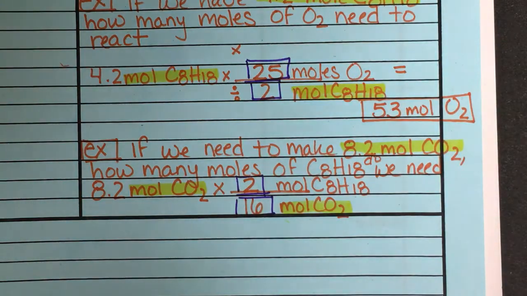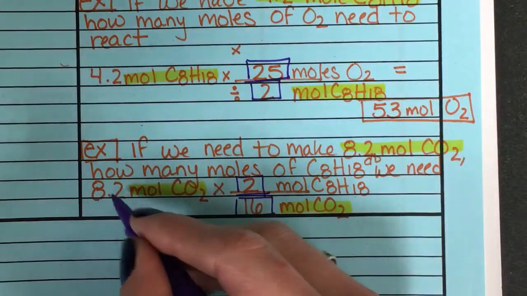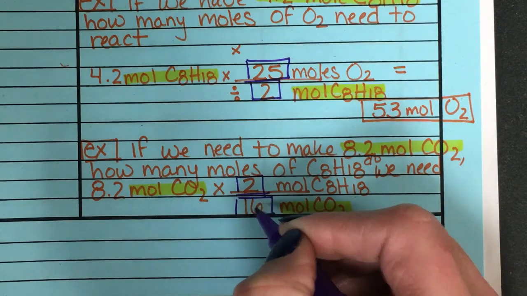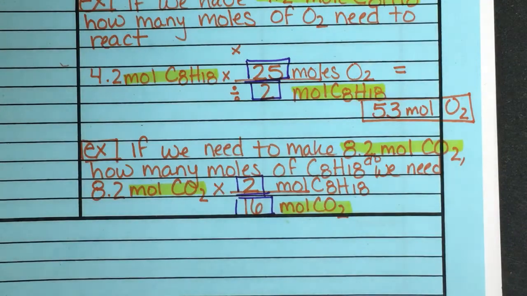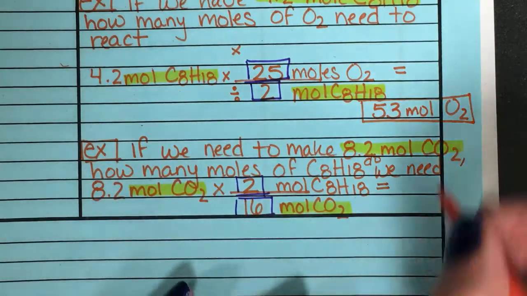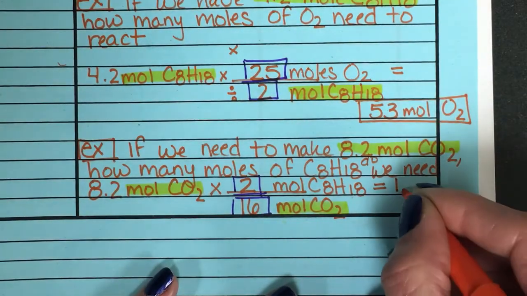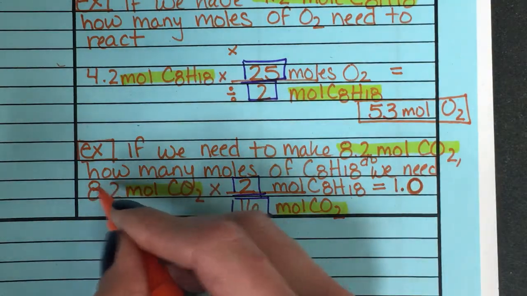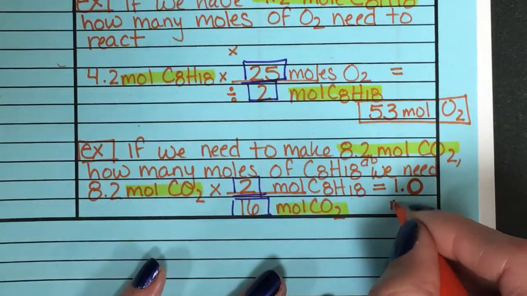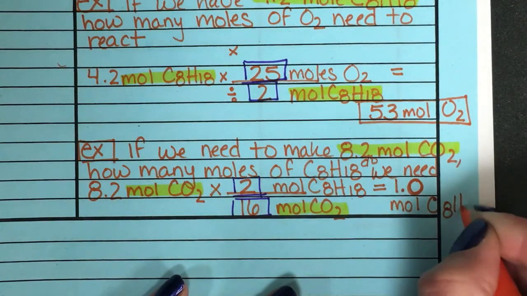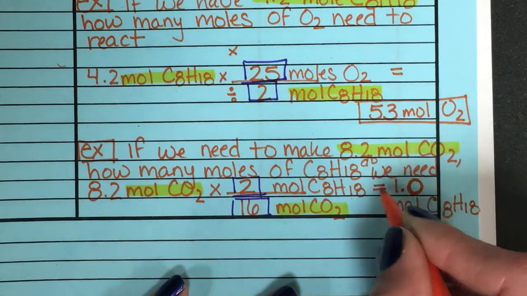So when I plug this into my calculator, 8.2 moles times 2 divided by 16, I'm rounding my answer to 2 sig figs, so I should get 1.0, because I need 2 sig figs, moles of C8H18.